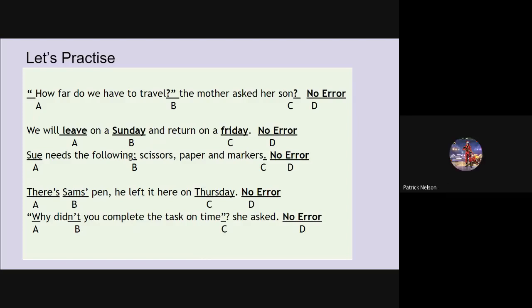Now, looking at the third item, and again, they seem to be focusing on the punctuation. So again, they're saying Sue should be capitalized and have that identified. Do we need a semicolon at B? And should we end with a full stop at C? What do you say? Sue needs the following: scissors, papers, and markers.